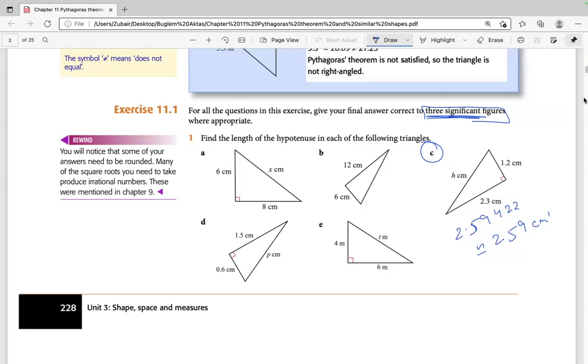The square root of 6.73, so that would be 2.59, up to three significant figures.